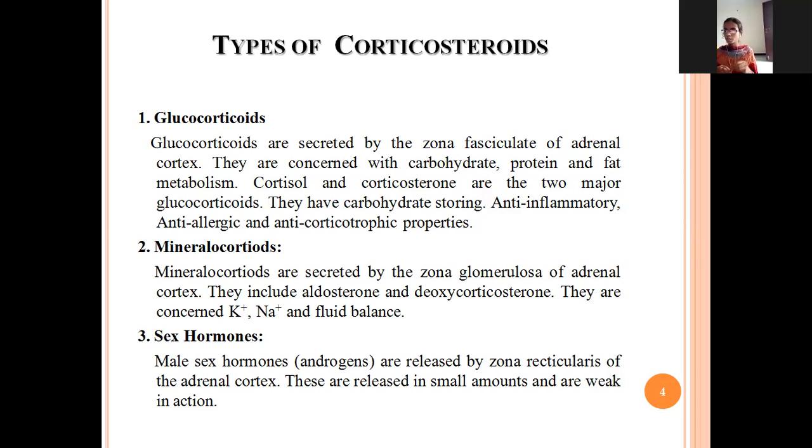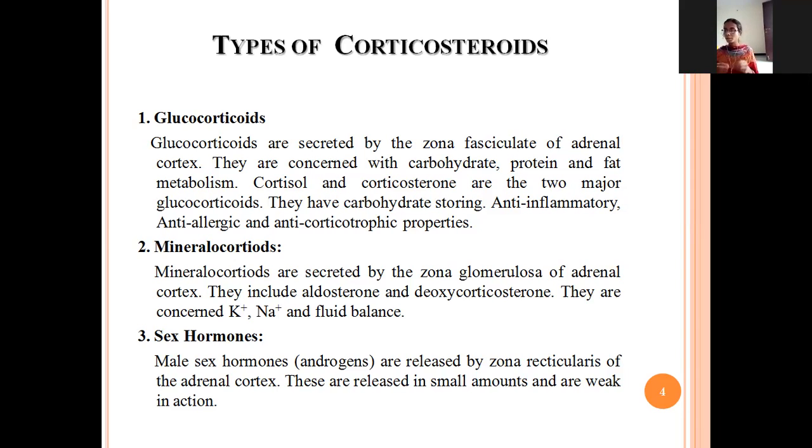These come under glucocorticoids. They have carbohydrate-storing, anti-inflammatory, anti-allergic and anti-corticotropic properties.